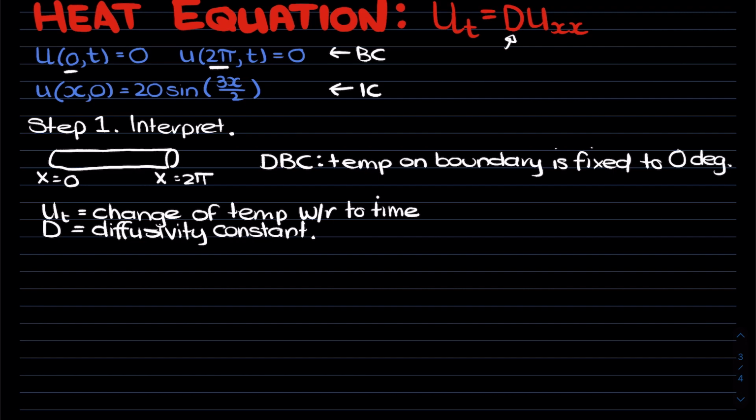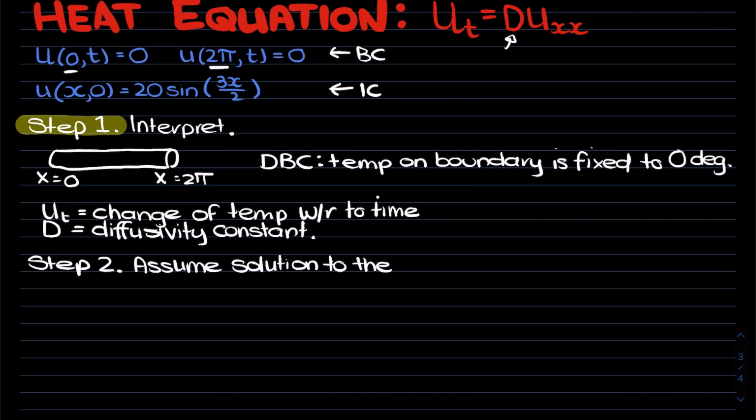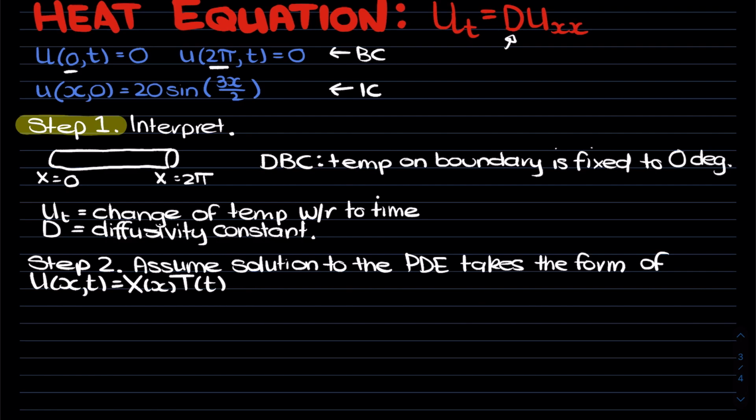So just be aware of that. So that is step 1. Step 2 is to assume the solution to the PDE takes the form of u of little x, little t equals big X of little x times big T of little t.